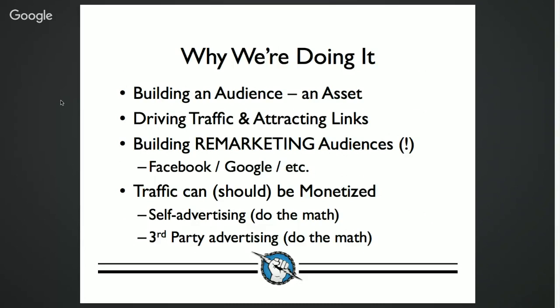But the ultimate objective here is not just to have an audience, it's to be able to drive traffic, to be able to attract links, to develop some sort of brand recognition, at least within a focused audience.